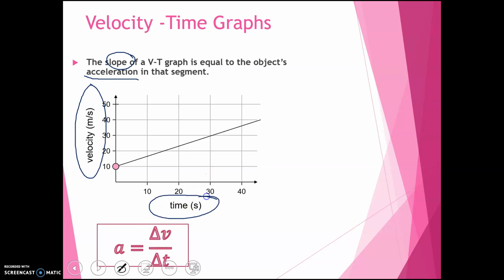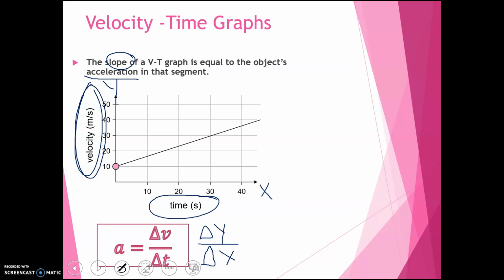Our change in velocity is the change in the y values on this graph because we have velocity on our y-axis here. And then our change in time would be the change in the x values, because time is measured on our x-axis.